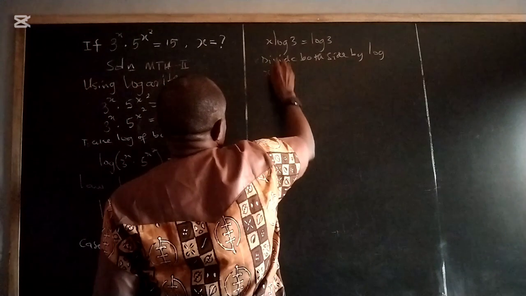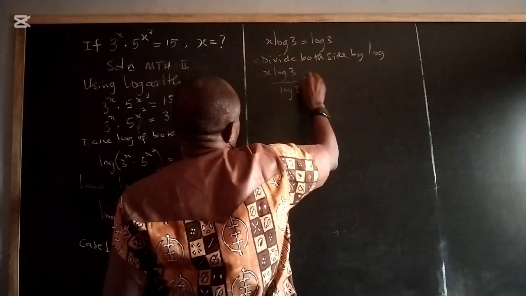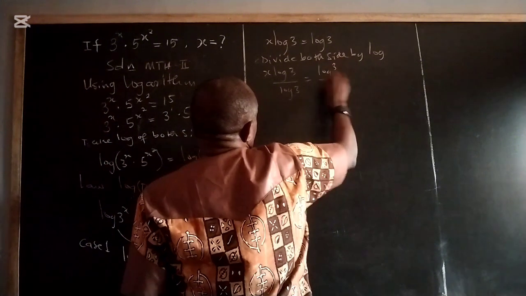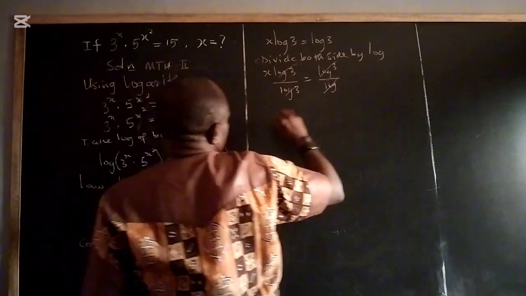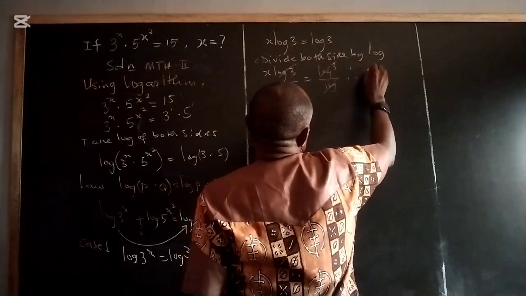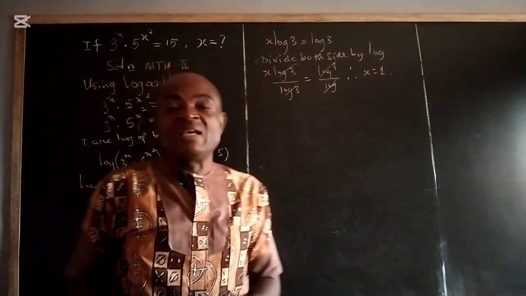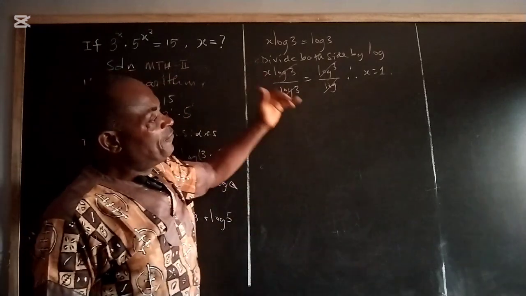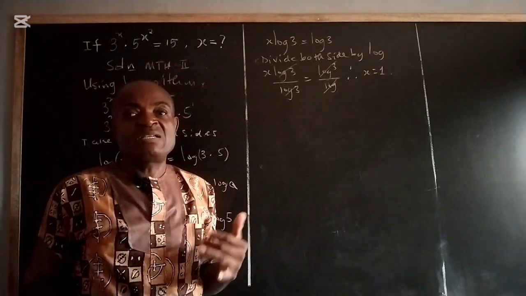If we do that, we have x log 3 divided by log 3 equals log 3 divided by log 3. So this log 3 we cancel. What it means is that our x is equal to 1, which is actually equal to the first result for the method of simplification that we did.